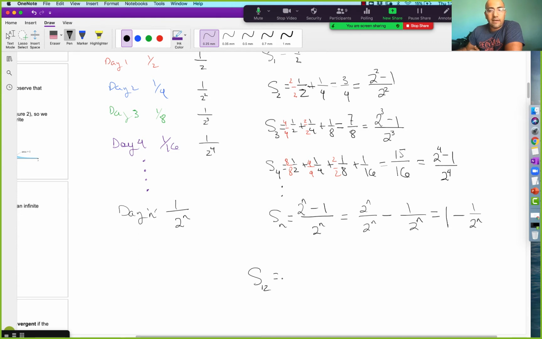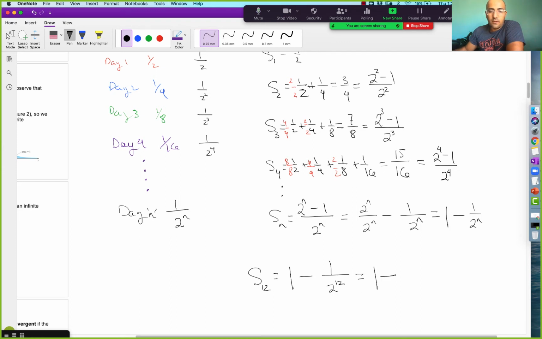And instead of adding up all those small fractions, I could say that this is equal to 1 minus 1 over 2 to the power of 12. I can just get my little calculator here. Now, 2 to the power of 12 is equal to 4096.